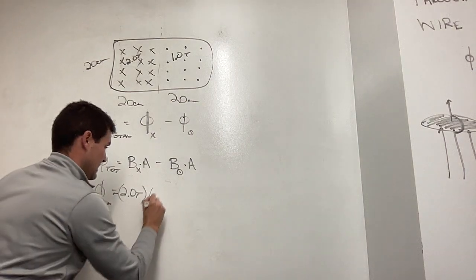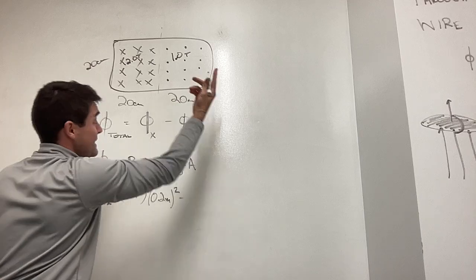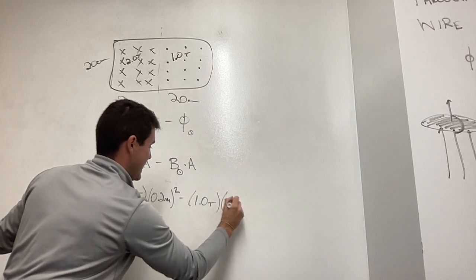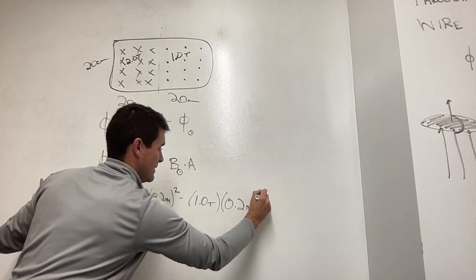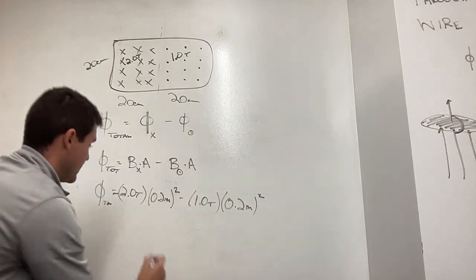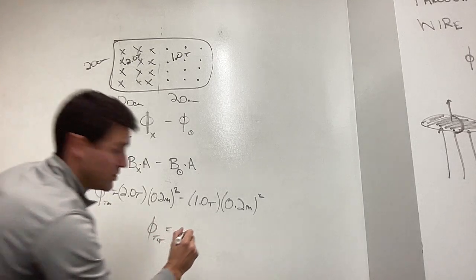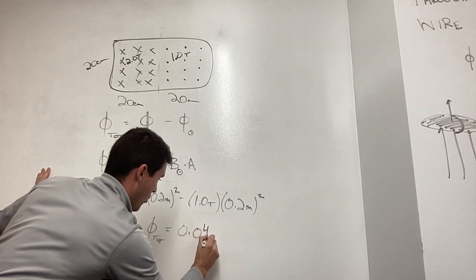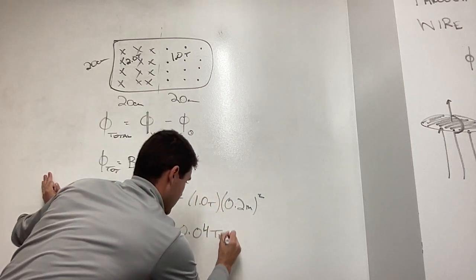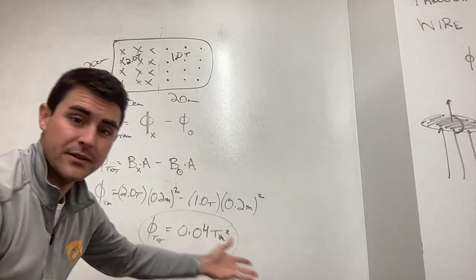This is 0.2 meters squared, minus this 1.0 times the same area. I go ahead and solve these, subtract them, and what I end up with is the total flux for this is equal to 0.04, what is it? Tesla meters squared, right? The amount of magnetic field in an area.